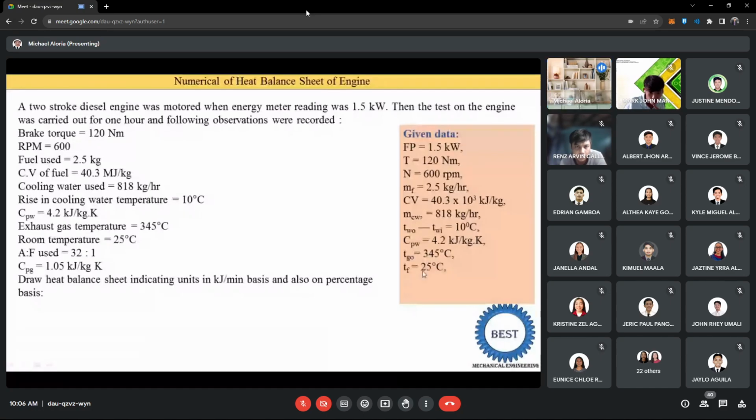Mass of air upon mass of fuel, because air fuel ratio is given as 32 divided by 1, so the answer is 32. Specific heat of gas is 1.05, and we need to find out the various heat balance items: what is the heat supply, what is the brake power, what is the heat loss in cooling water, what is the heat loss in exhaust gases, and the unaccounted losses.